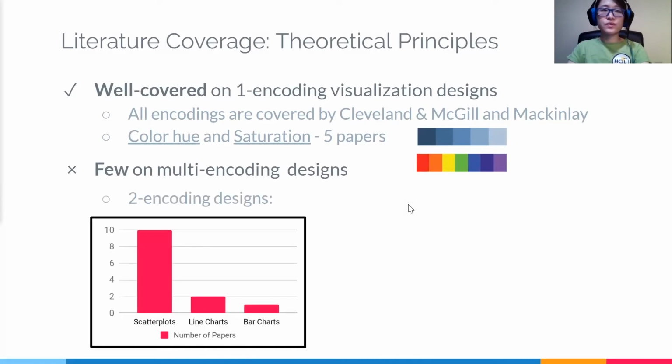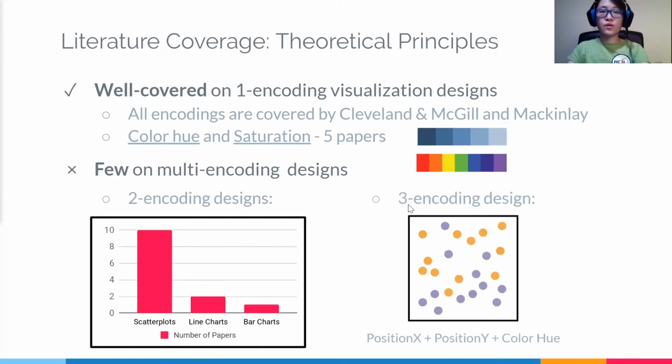For 2 encoding visualization designs, only 3 chart types are mentioned, which are scatter plots, line charts, and bar charts. For 3 encoding, only 1 combination of visual encoding is covered. So in summary, existing theory does a good job of comparing very simple visualization designs, but does not seem to be actionable for more realistic visualization designs.